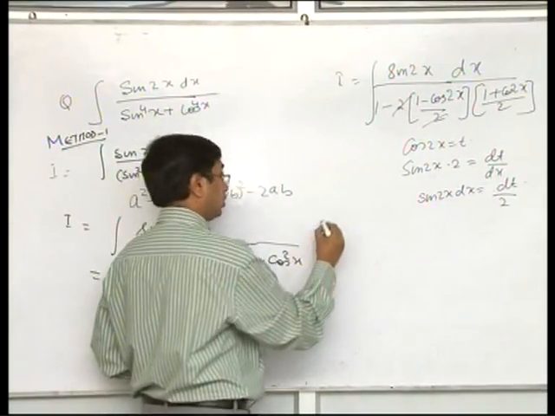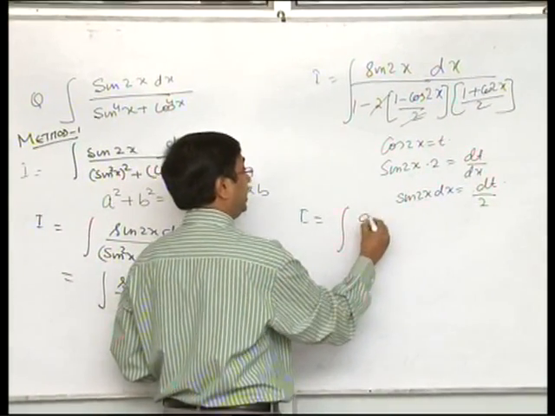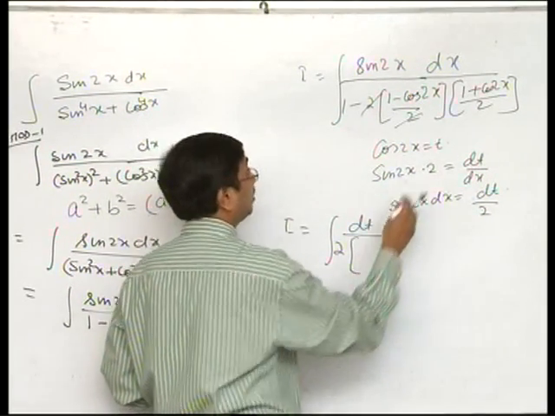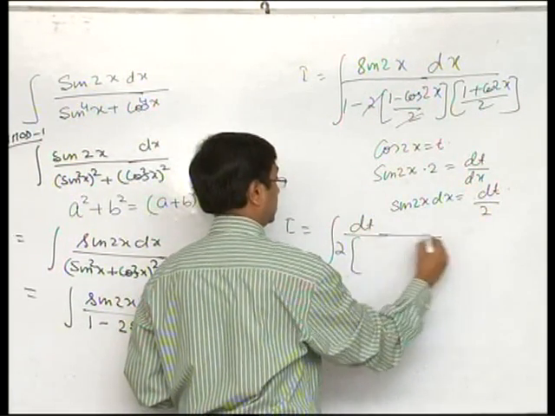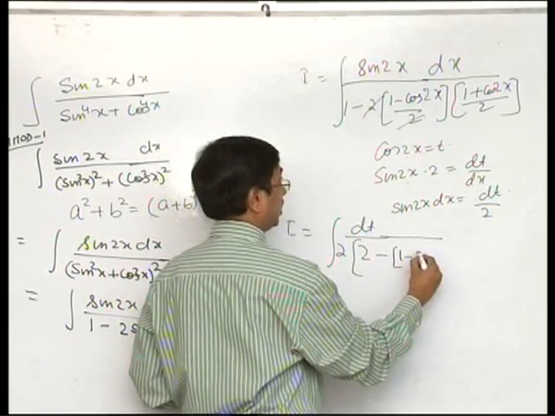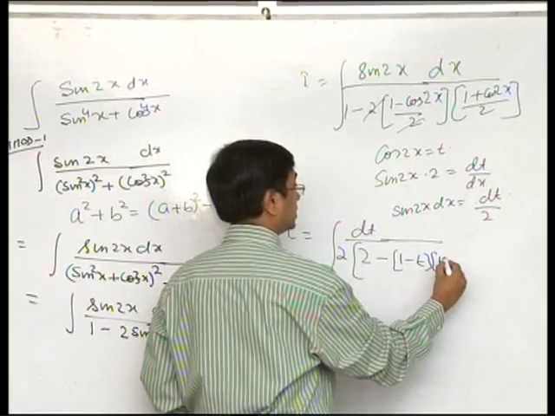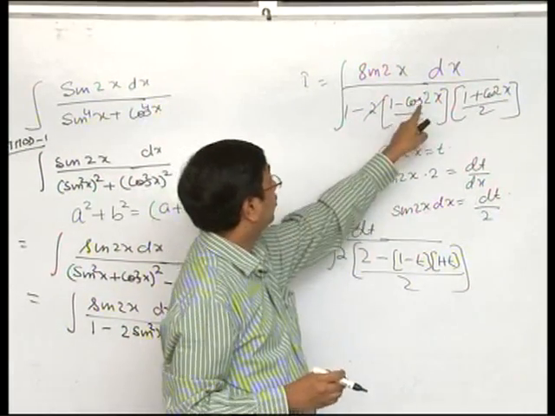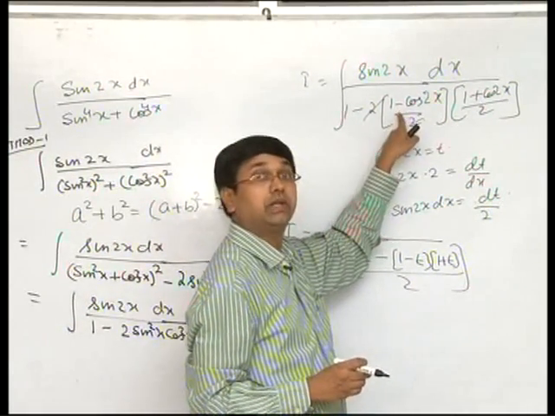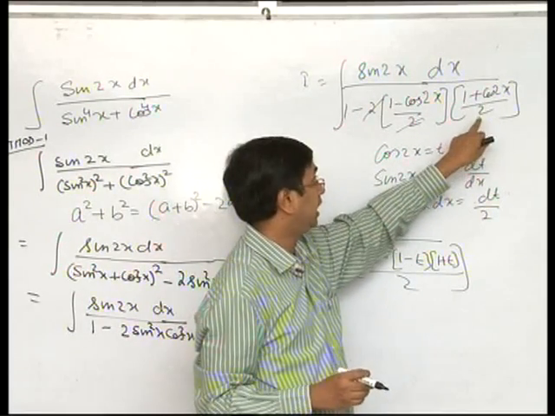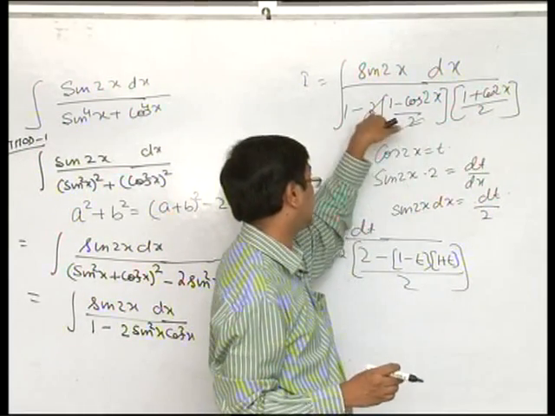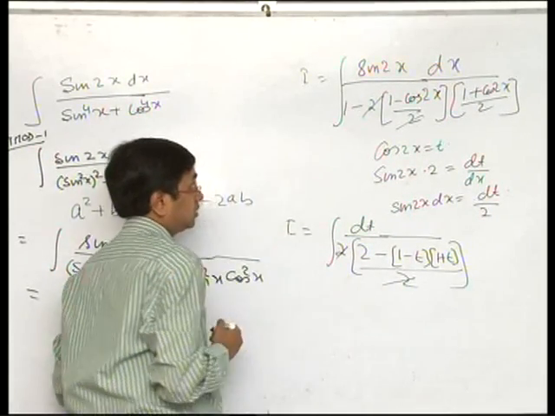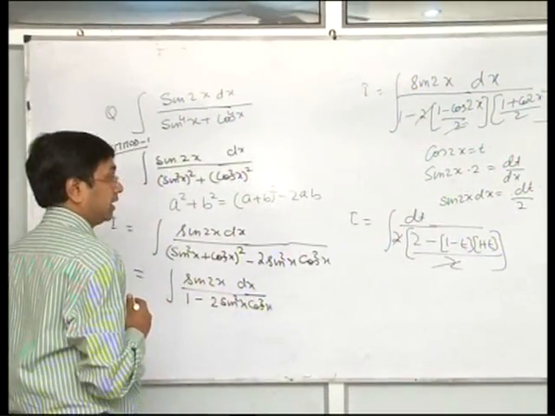So now I would have dt by 2, and you will have 2 minus (1 minus t) into (1 plus t) divided by 2. So instead of cos 2x you can substitute t over here, so (1 minus t) into (1 plus t), and when we take this LCM, this 2 gets cancelled, this 2 would come over here. So ultimately this also gets reduced.